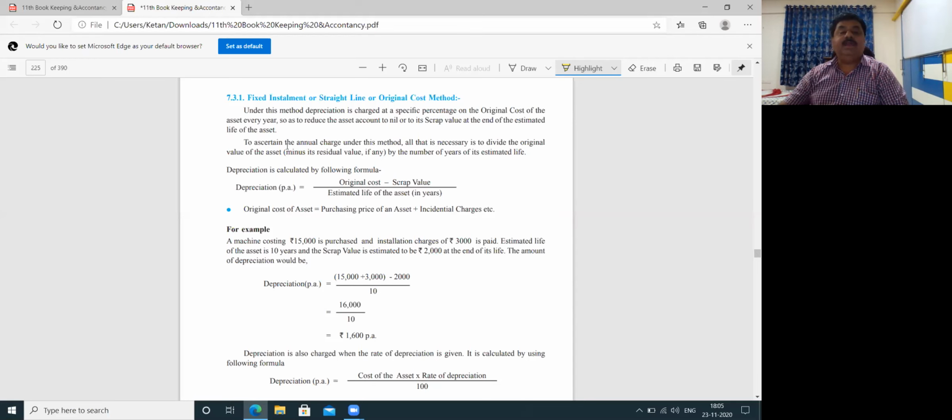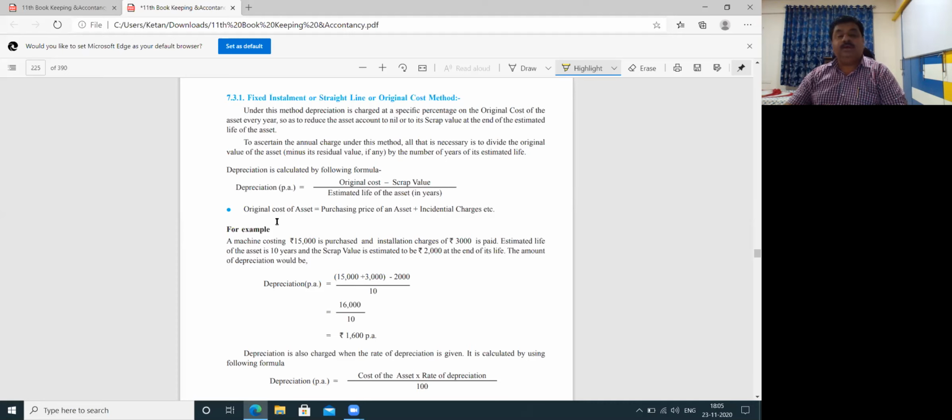To ascertain the annual charge under this method, all that is necessary is to divide the original value of the asset minus its residual value, that is scrap value, if any, by the number of years of its estimated life. So the depreciation formula is: depreciation per annum is equal to original cost of the asset minus scrap value divided by estimated life of the asset in number of years.